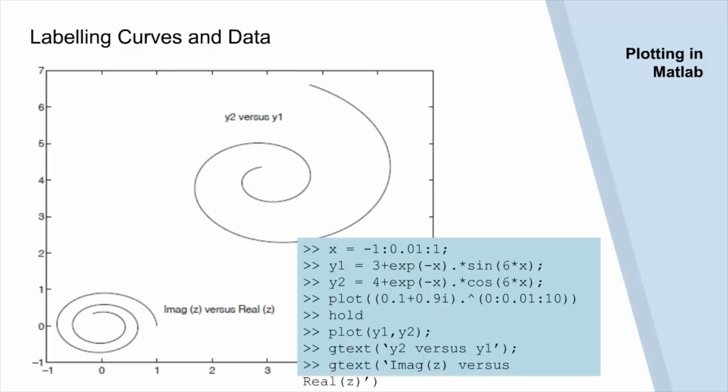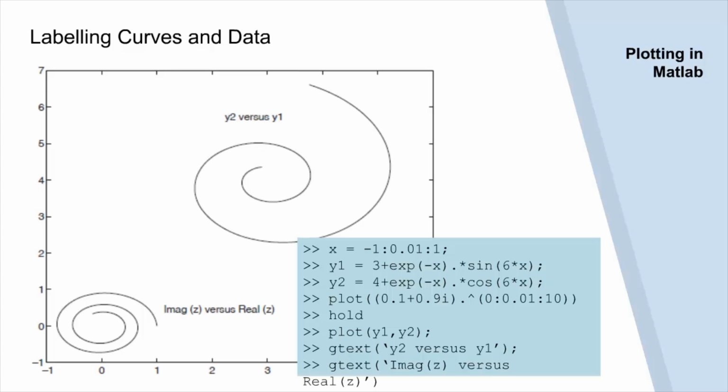Suppose we want to plot y2 versus y1, where y2 is 4 plus e raised to minus x cos x, and y1 is 3 plus e raised to minus x sin x for a range of minus 1 to 1. And on the same plot, we want to have a complex function z that is (0.1 plus 0.9i) raised to the power n, where n is in the range 0 to 10. The same has been scripted here.